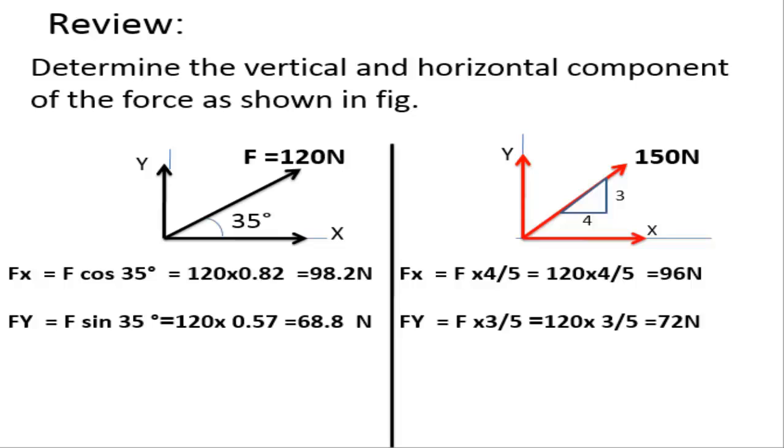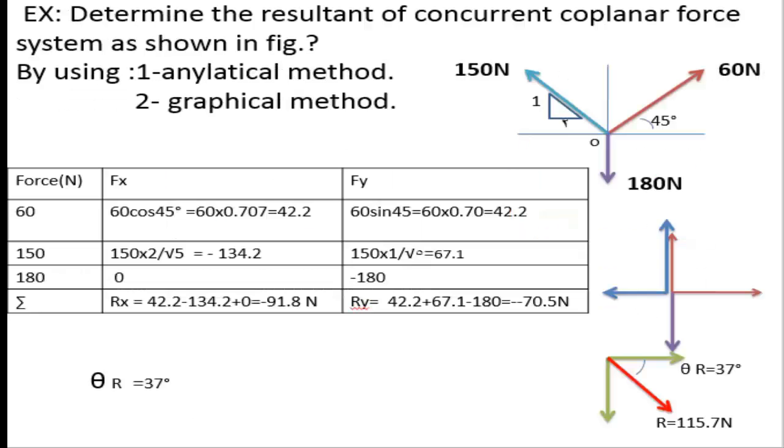Fx for this force will be equal to F cosine 35 degrees, which is 120 times 0.82, and will be 98.2 Newton. And Fy of it will be equal to F sine 35 degrees, which is 120 times 0.57, and will be equal to 68.4.